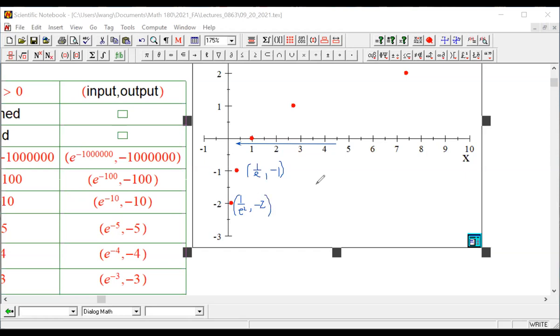You follow me? So 1 over e squared is closer to 0, which is over here. 1 over e is over here. So 1 over e squared is closer to 0 than 1 over e. Do you guys hear my words? Yes. So as our input is getting closer and closer to 0, what happened to the output? The output is getting lower and lower, right?